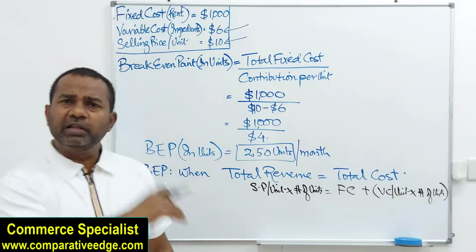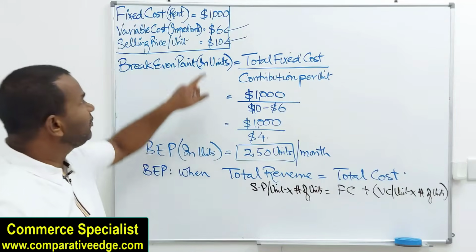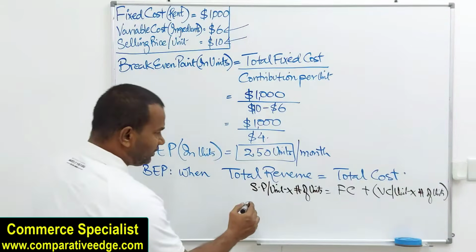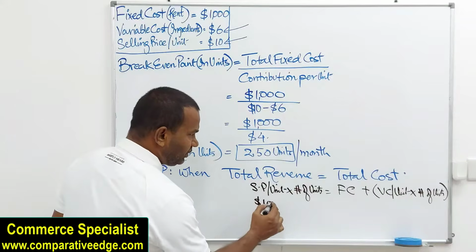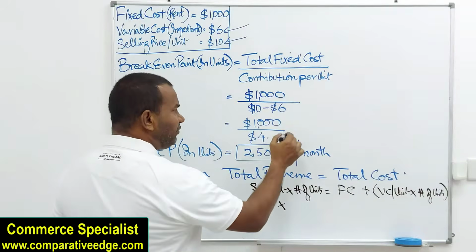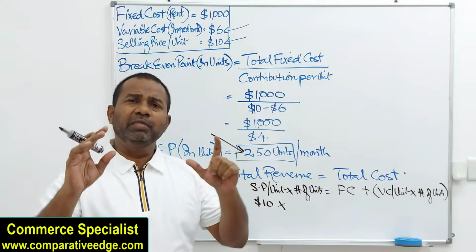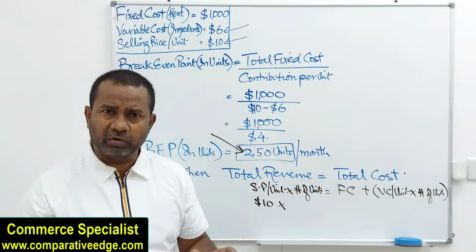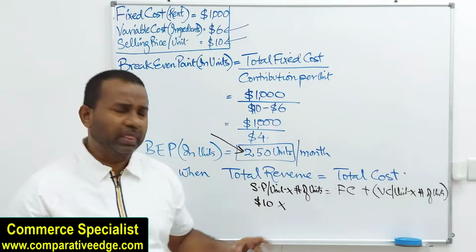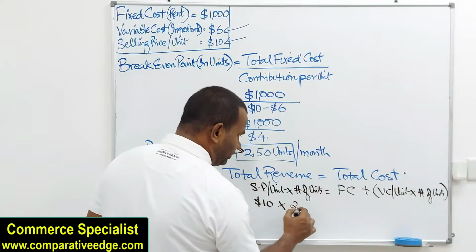So if I just plug in the numbers here, selling price is $10. How many units are we talking about? If we make and sell 250 chicken rolls, the business is going to break even. So let's put 250 units here.